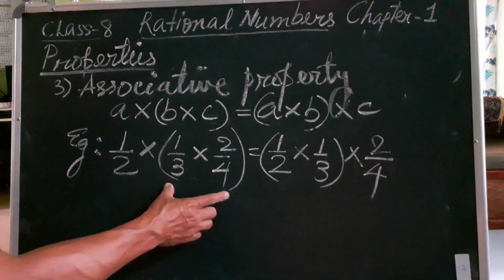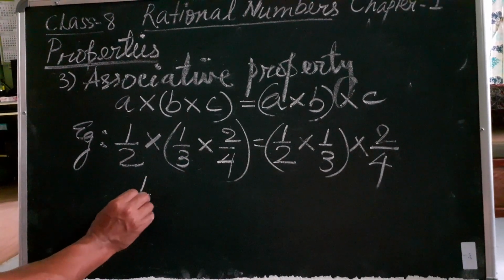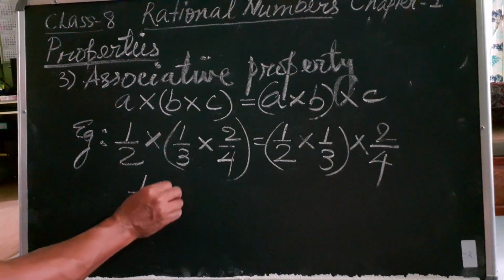Whenever there is a bracket, we have to simplify the bracket first. 1 by 2 is outside the bracket.